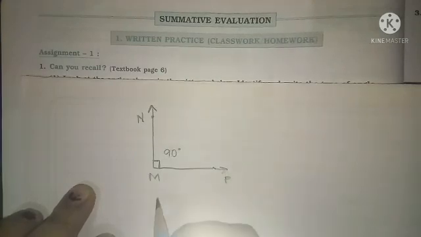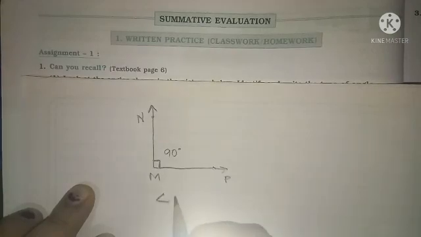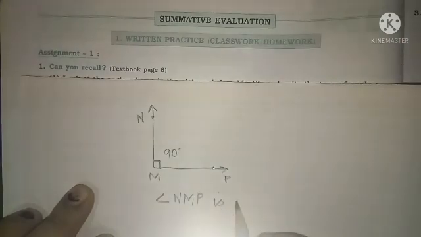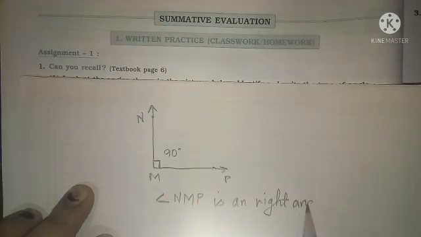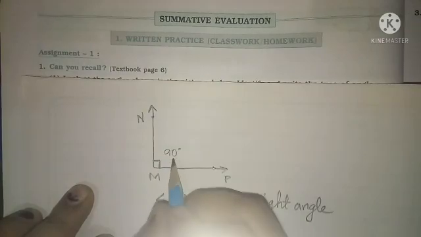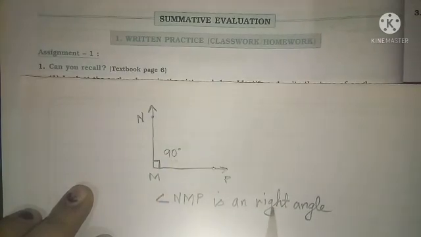You can denote it as angle NMP. Angle NMP is a right angle. An angle whose measure is 90 degree is known as a right angle.